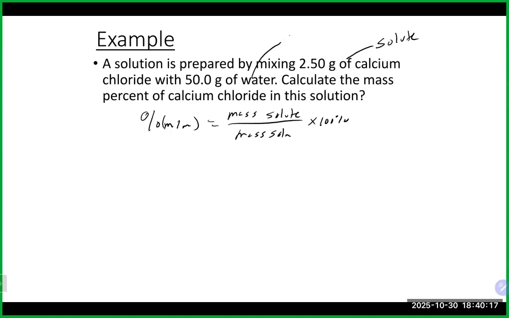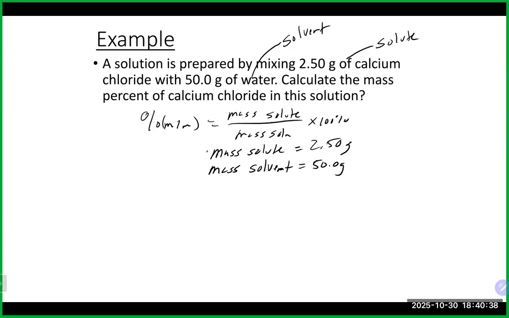The water here is our solvent, the larger part of the solution. That means we have our mass of solute, which is 2.5 grams. We have the mass of the solvent, which in this case is 50 grams. And both of those together is the mass of our solution.